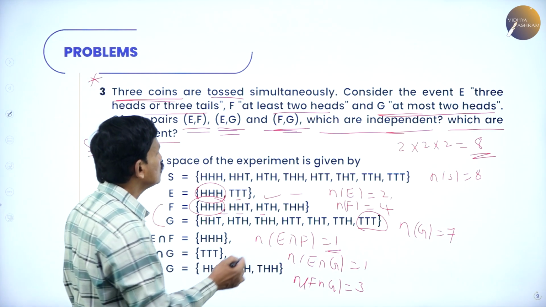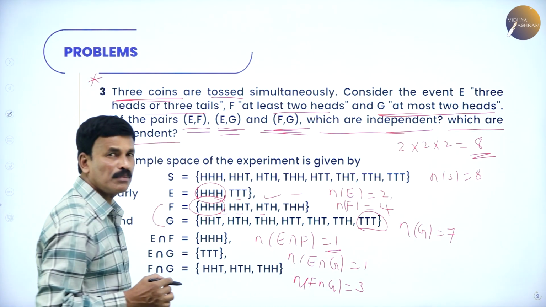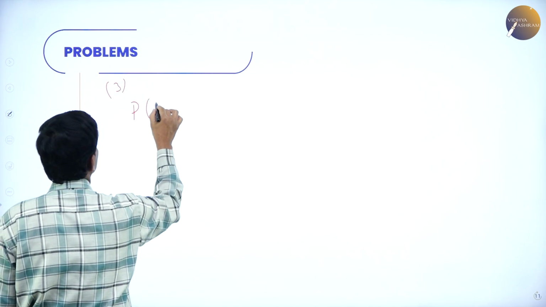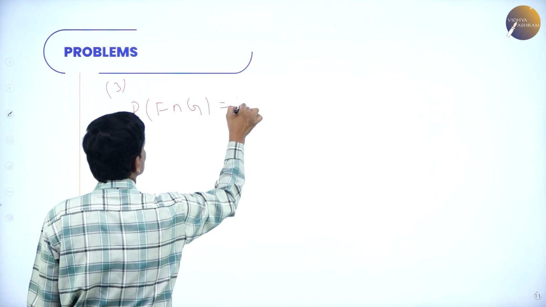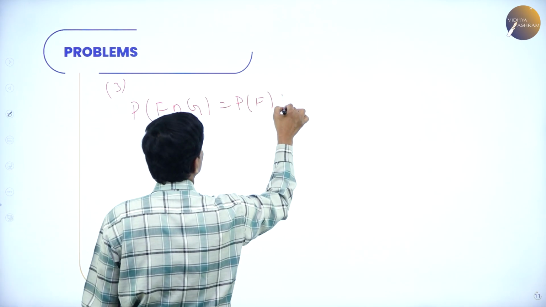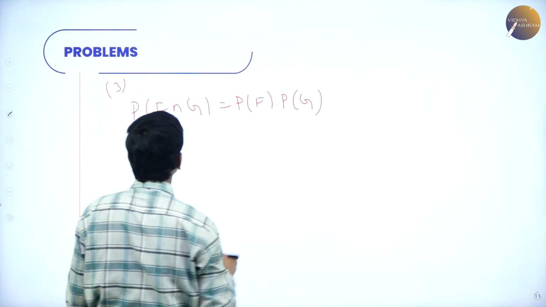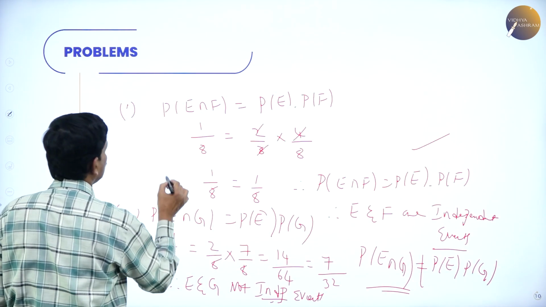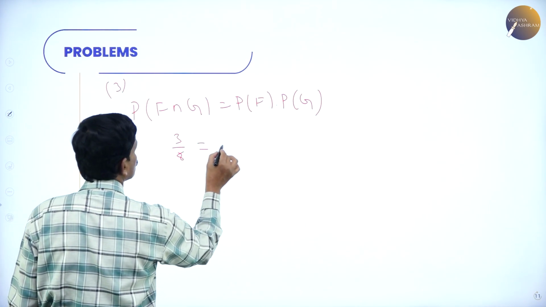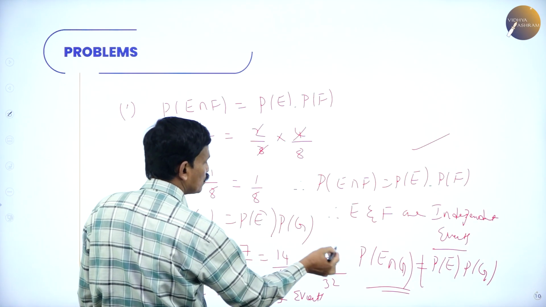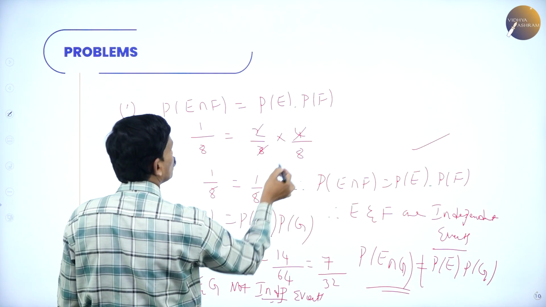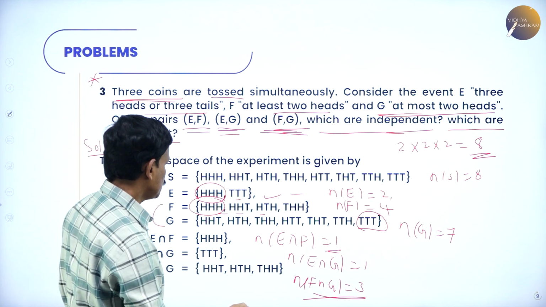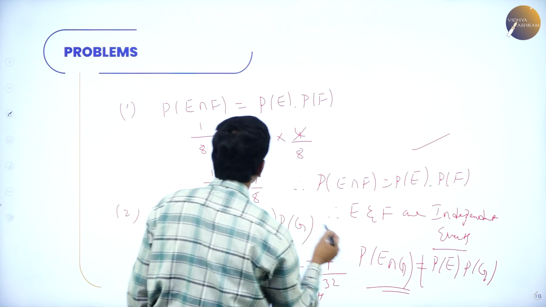Similarly, the last is F and G. Verify. Now the third one: probability of F intersection G is equal to probability of F into probability of G. What is F intersection G? We have F intersection G is 3 by 8, which should equal probability of F, 4 by 8, into probability of G, which is 7 by 8.